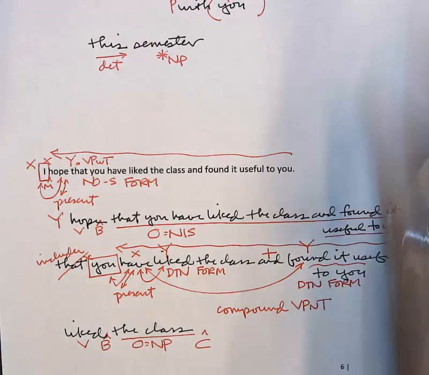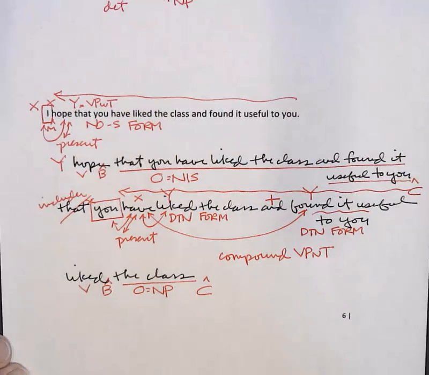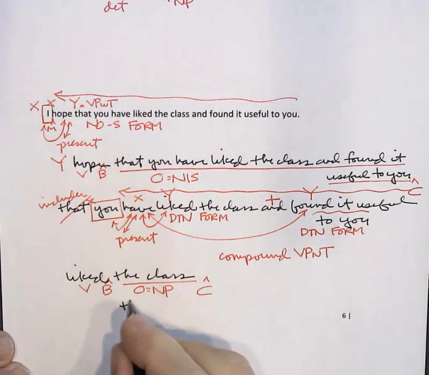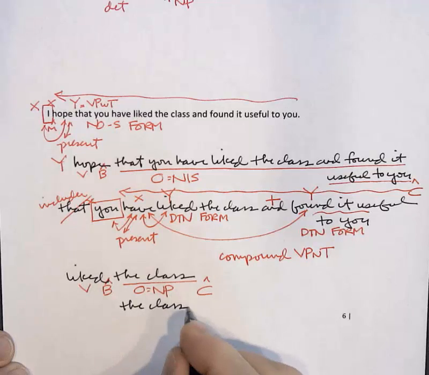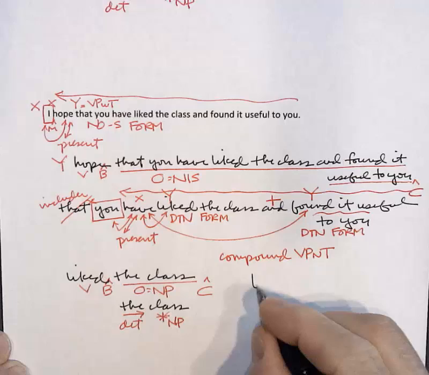And let's take a look at our object, the class. Class is the head. Noun phrase. The is a determiner. And we're done.